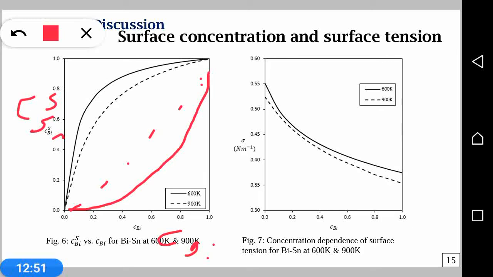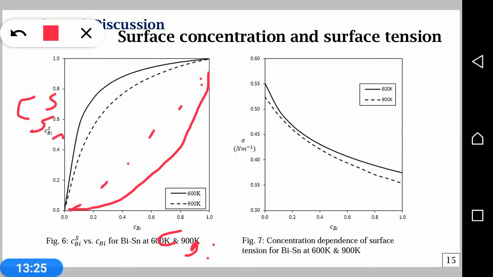Recall that surface tension and surface concentrations for certain compositions and temperatures were obtained simultaneously. Figure 7 shows the surface tension for bismuth tin at 600 Kelvin and 900 Kelvin. The most glaring deduction is that surface tension reduces as temperature rises, and this agrees with the basic concept of surface tension.